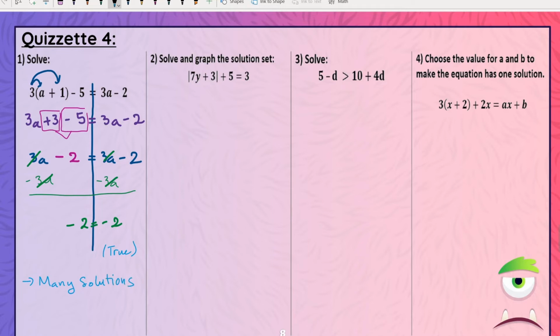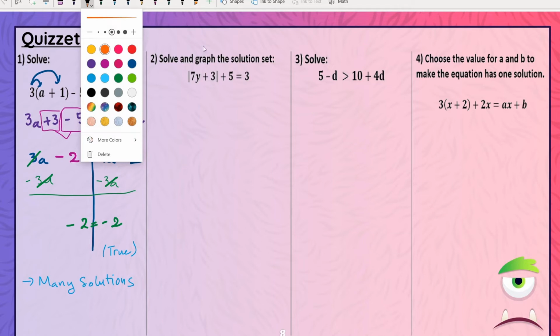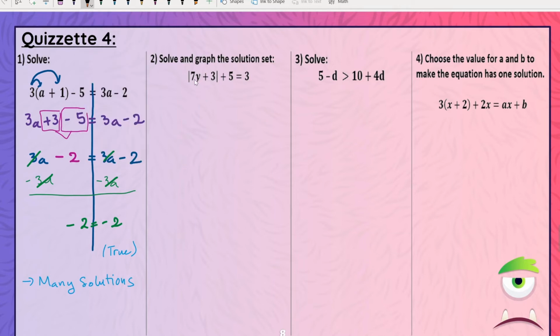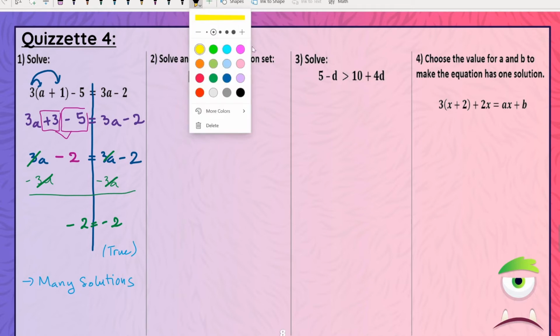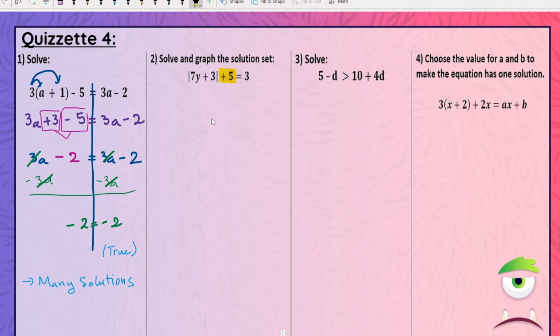Okay. Now, number 2, problem 2. How do you solve for this problem? So you have the absolute value of 7y plus 3, plus 5 equal to 3. This problem is a little weird. It's not like the same problem that we've been working on. You have positive 5 on the outside of the absolute value.